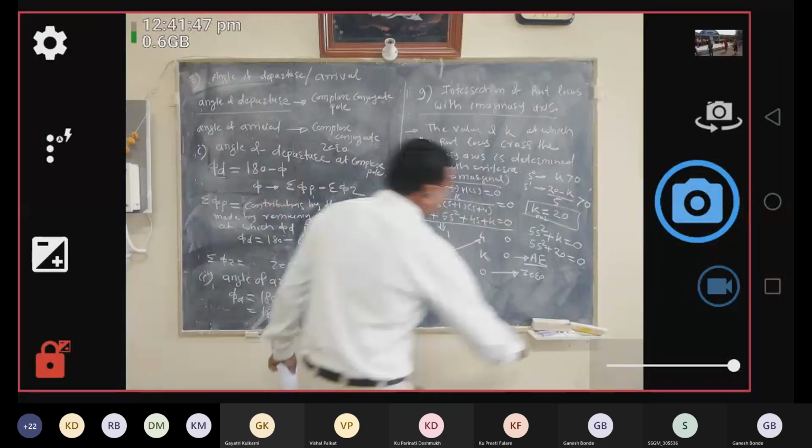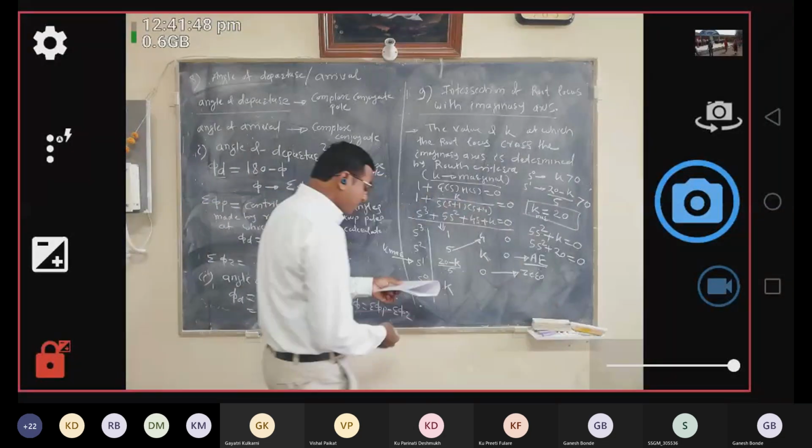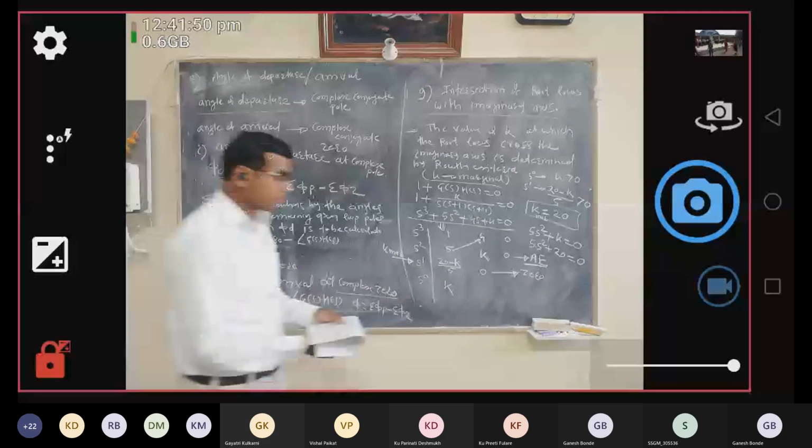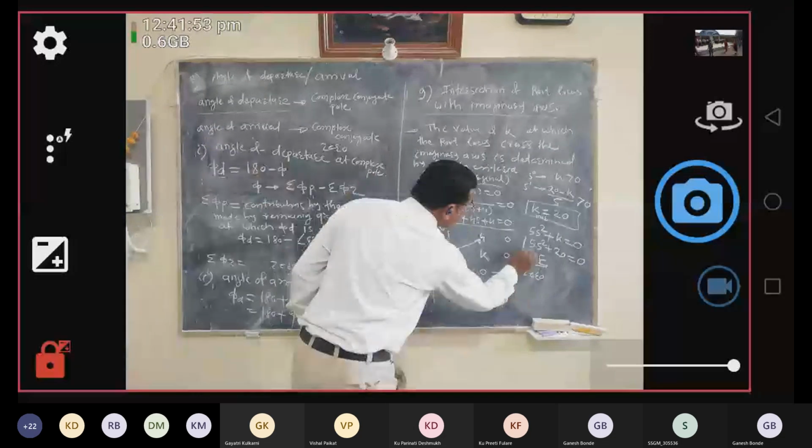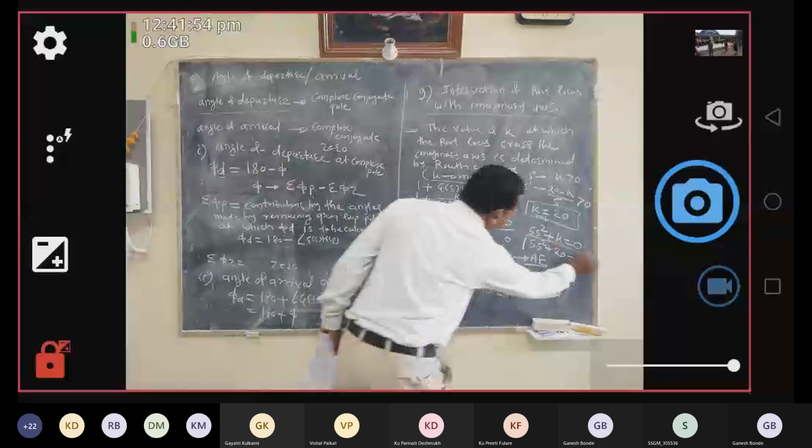Then tell me the value of s, the roots of this equation, 5s squared plus 20.